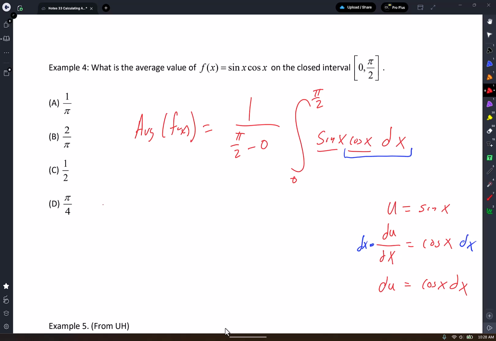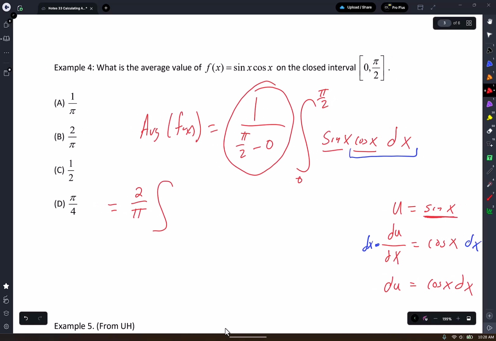So look, watch. Equals 1. Okay, this right here that I'm circling, 1 over pi over 2, that's just 2 over pi, right? 2 over pi. Integral, do not put limits because now I'm changing my domain. Instead of x, it's a u. And look, what is sine x? u. What is cosine x dx? du. Look at that.